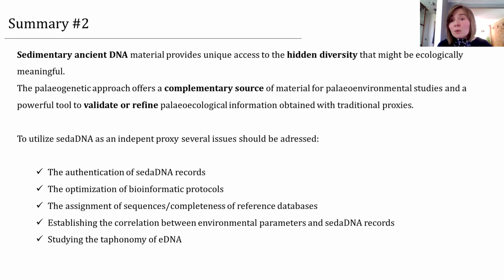Then the optimization of our protocols, of our data handling, the reference databases, and the completeness of the databases, or establishing the correlations between the environmental parameters or other proxies and our records, and studying the taphonomy of DNA. So the processes that DNA undergoes in the water column and in the sediment that can affect the composition and structure of communities and of our records.